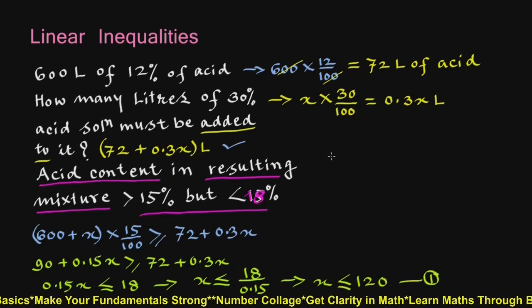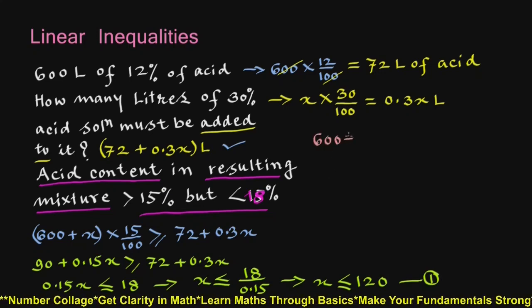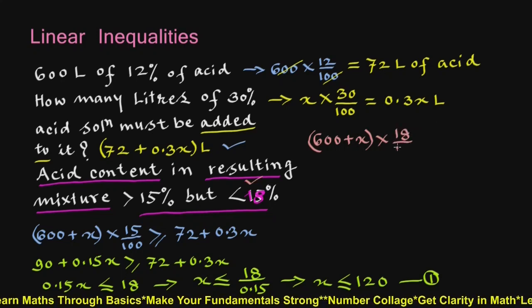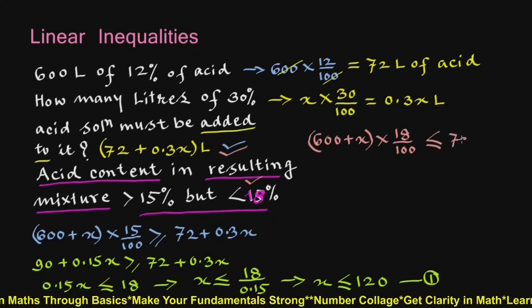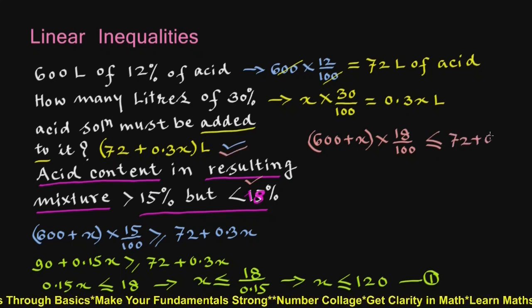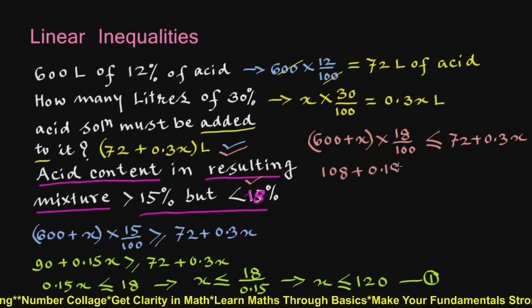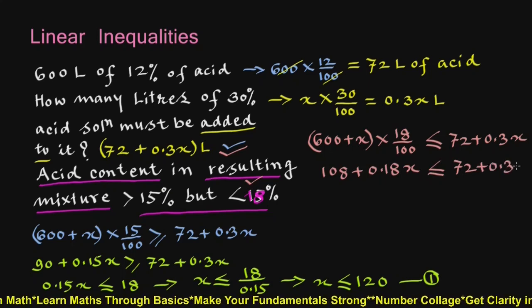Now according to the second requirement, we write 600 plus x into 18 upon 100, that should be greater than or equal to this 72 plus 0.3x. This will be 108 plus 0.18x greater than or equal to 72 plus 0.3x.